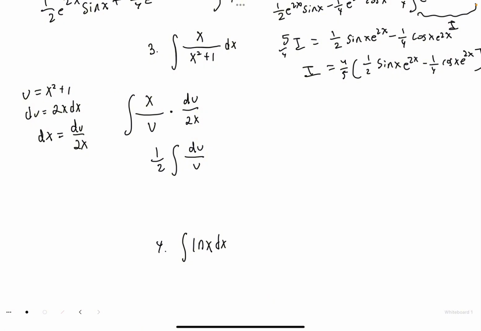We can just say 1/2 times 1 over u du. That just makes it easier. So then 1/2 ln of u plus c, and now we can sub u back in. So u is x squared plus 1, plus c.